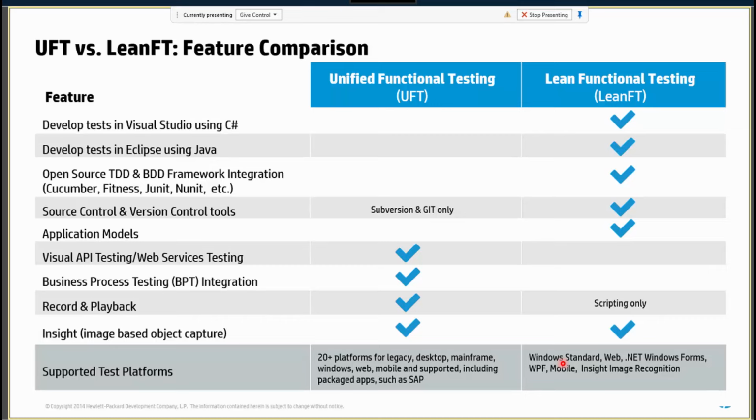So where are we at? Just a couple months old, right? So it's basically a 1.0 version, if you will. But we've ported over a lot of the capabilities from UFT to LeanFT, so it supports WinForms, WPF, obviously web, mobile, and also SAP. SAP is not on here, but each month we're increasing the supported test platforms.